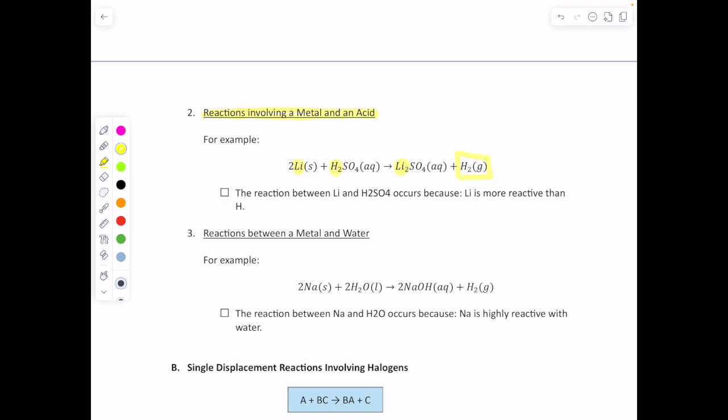Again, we have the general formula: A plus BC produces AC plus B, where A is the lithium, B is the hydrogen, and C is the polyatomic ion SO4. So we can see that A displaced B and left B by itself.